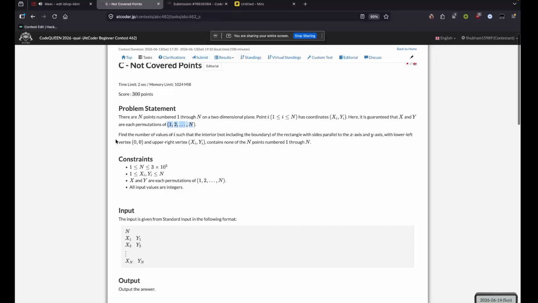Find the number of values of i such that the interior, not including the boundary, of the rectangle with sides parallel to the x-axis and y-axis, with lower left vertex 0, 0 and upper right vertex xi, yi, contains none of the other points.